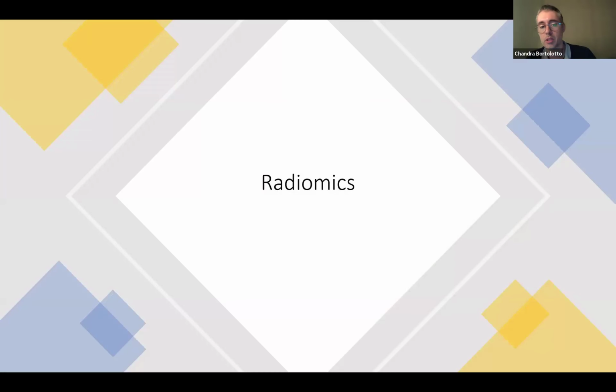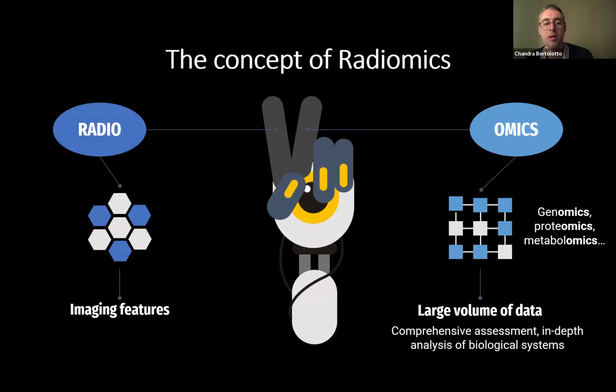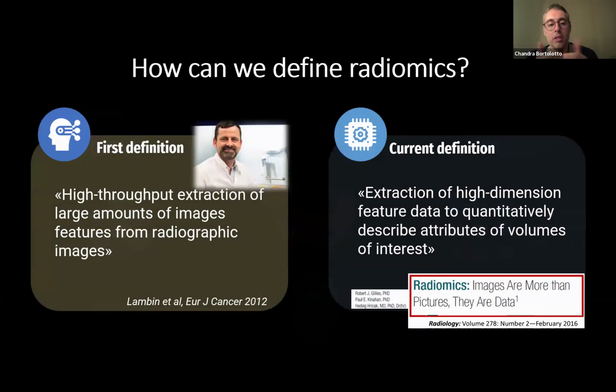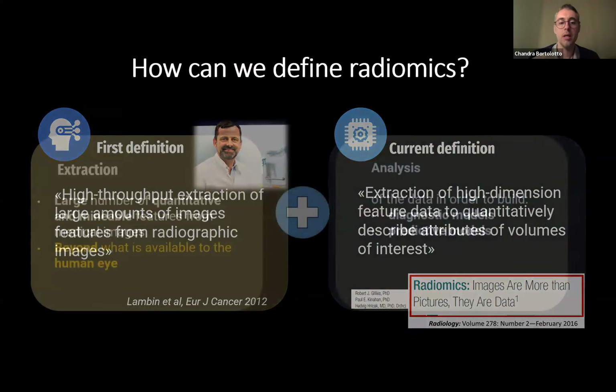Let's move to radiomics in these last 5 minutes. It's an omics, so it uses large volume data which are extracted from the imaging. This is the guy who created the definition and the field, which is Lambin. He's actually not a radiologist, he's a radiotherapist. He said that radiomics is a high throughput extraction of a large amount of imaging features from radiographic images.